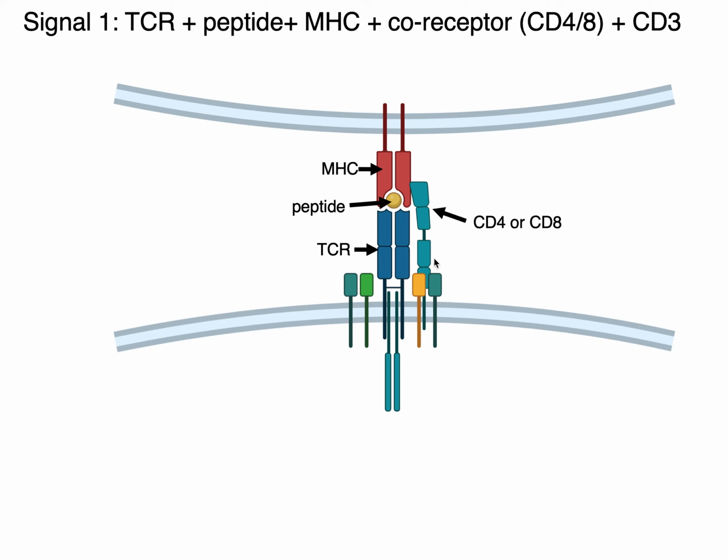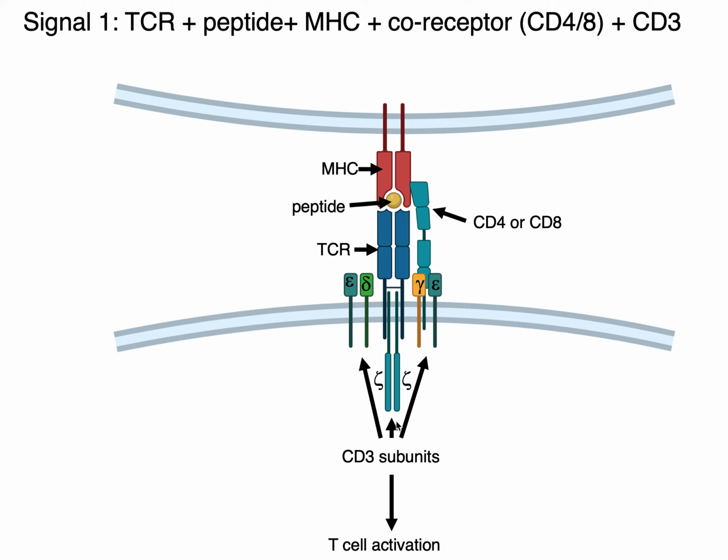This T cell receptor expresses a co-receptor. This is going to be either CD4 or CD8. In this case, this is an MHC class II molecule, and this is a CD4 co-receptor that's helping stabilize this interaction. And then there's all these molecules that as a complex are referred to as CD3. And it is these molecules that mediate the intracellular signal that activates the T cell.